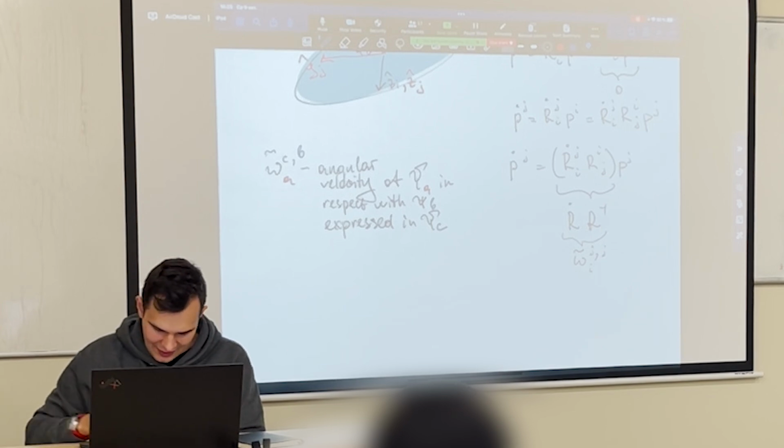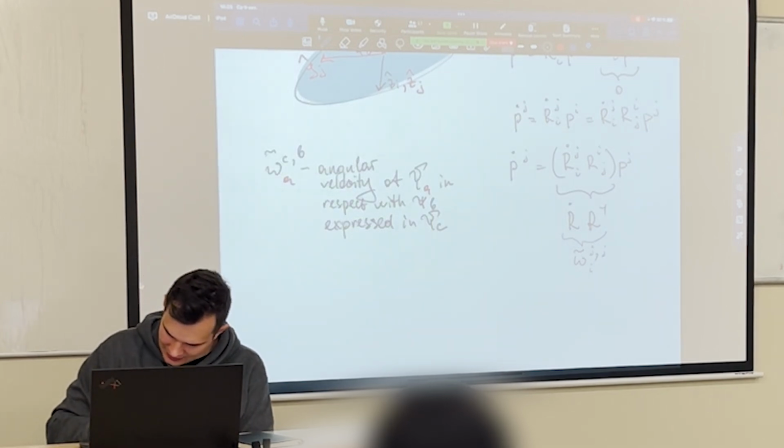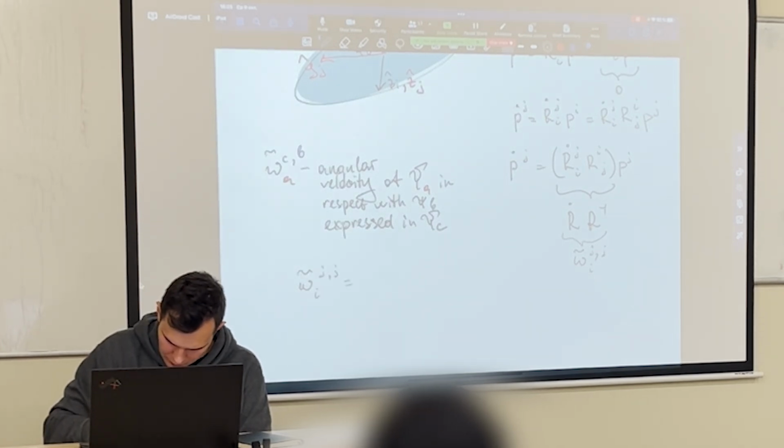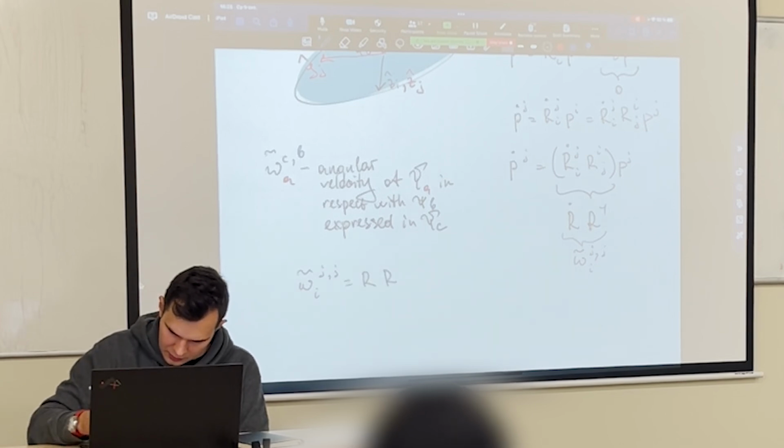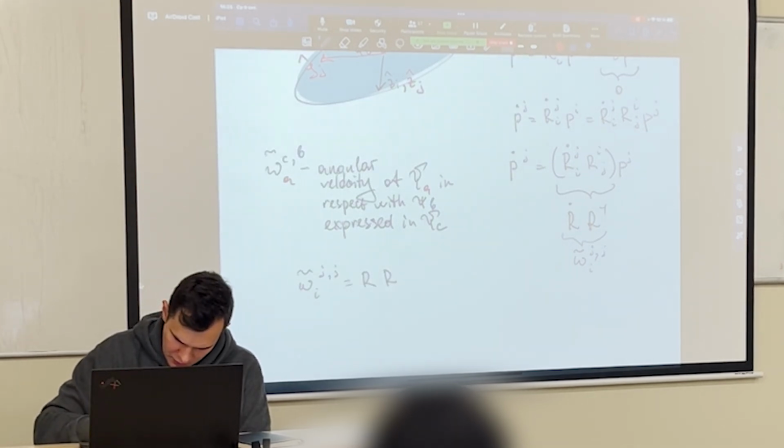It also has a kind of mnemonic rule. We need to choose this term and put it on the main diagonal.